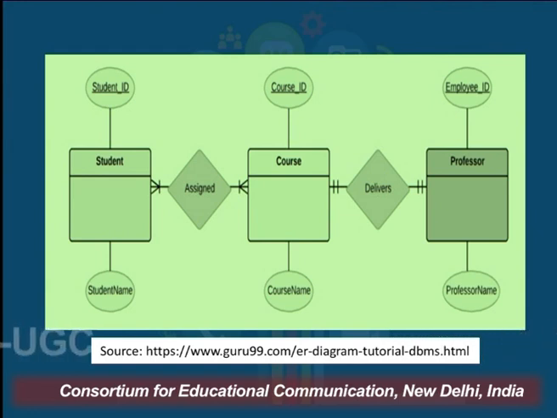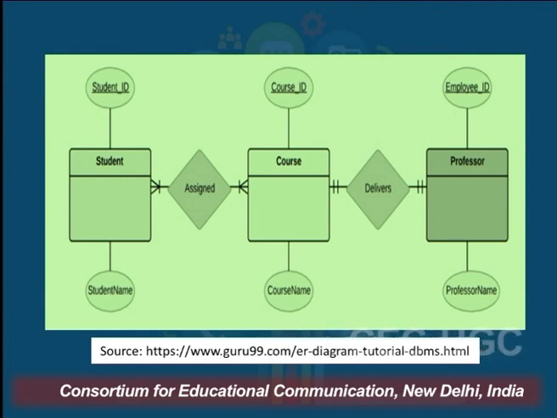A student is being assigned courses, a many to many relationship as discussed earlier. Then course ID and course name are there. Course ID is the primary key of course, that's why it is underlined. For a professor, it is an employee ID or professor ID, as I told you, underlined because it is the primary key, and we also have the professor name.